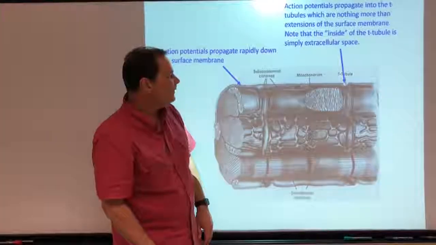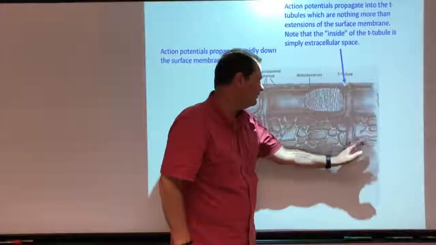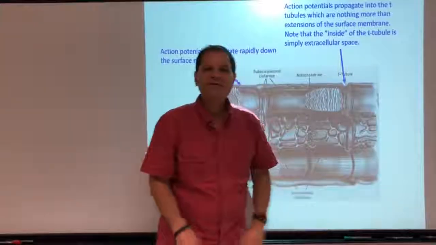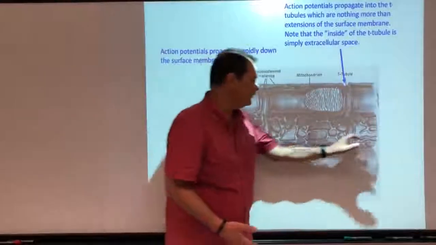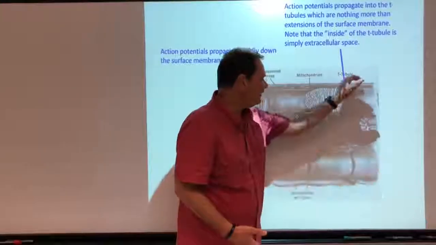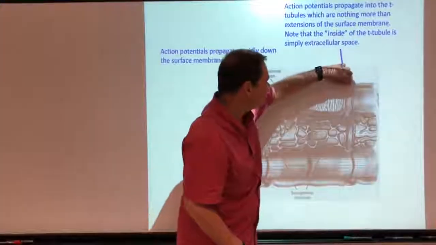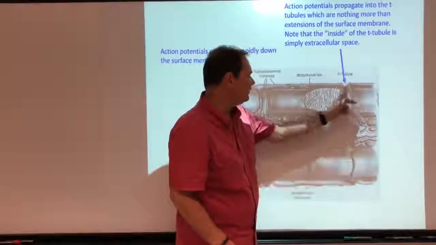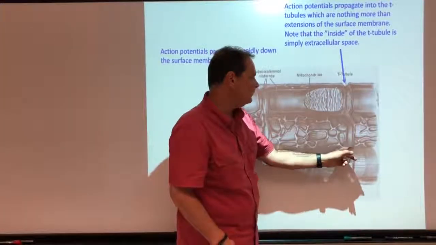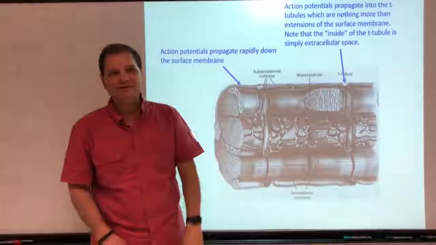Okay? When we talk about the inside of a T-tubule, that's basically extracellular space. This is still cytosol here, and this is basically extracellular space. You can see there's this opening here, and the extracellular fluid is continuous with what's in the T-tubule, and the components are basically the same.